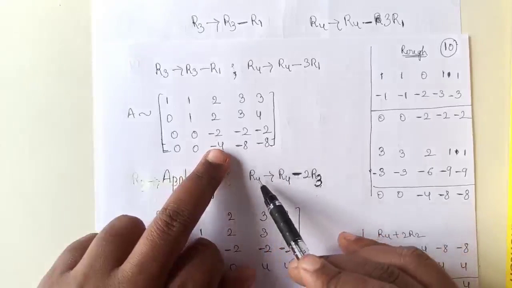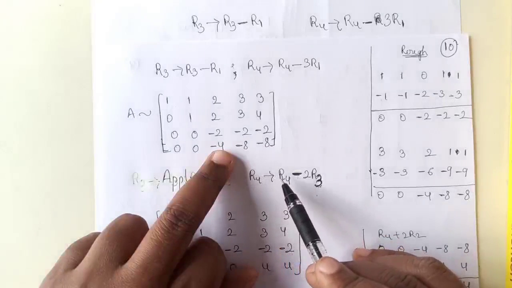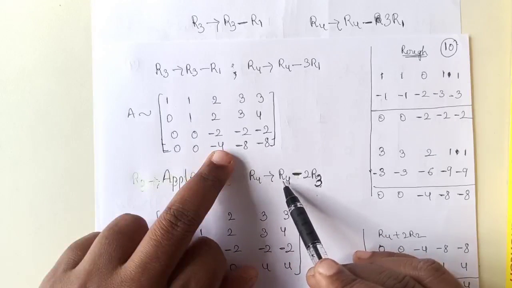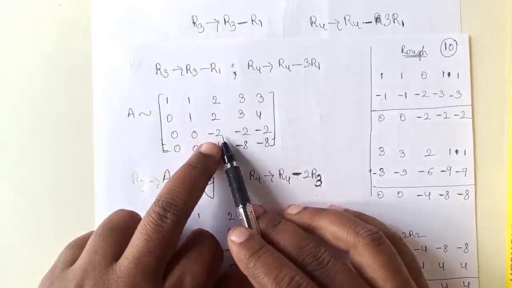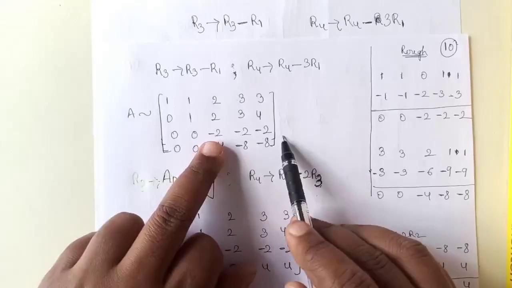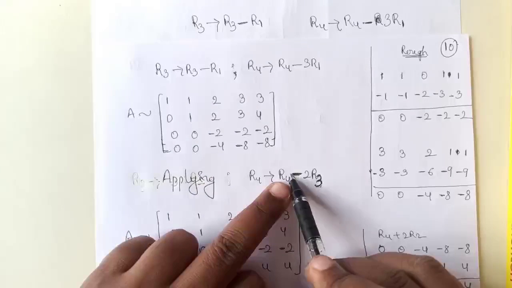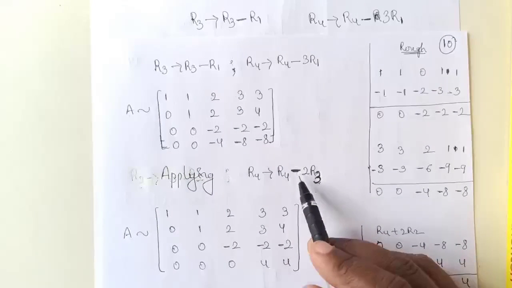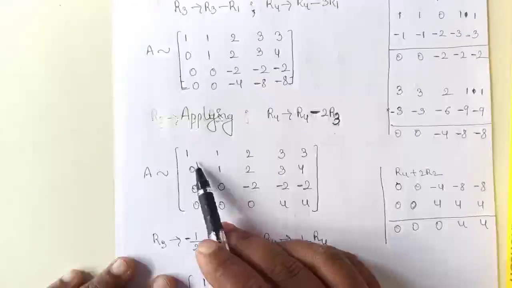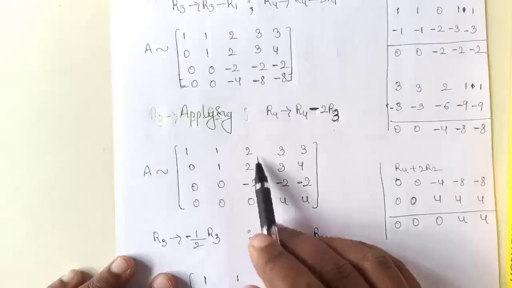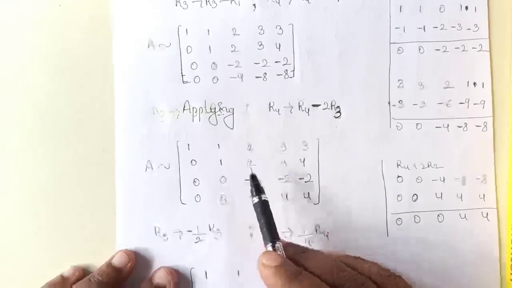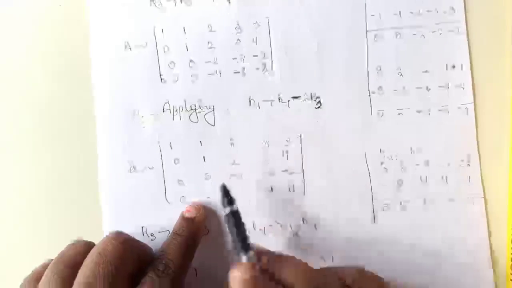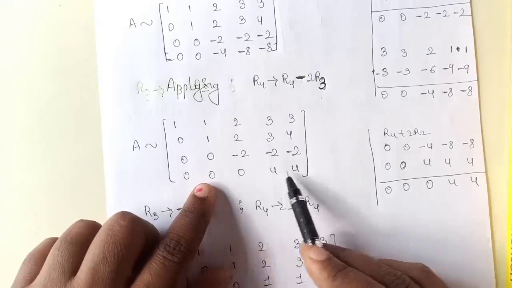R4 is multiplied with, because 2 into 2 is equal to 4, therefore R4 as it is minus 2 into R3. Applying this elementary operation we get, R1 and the remaining rows are the same, only R4 will change, that is 0 0 0 4 4.